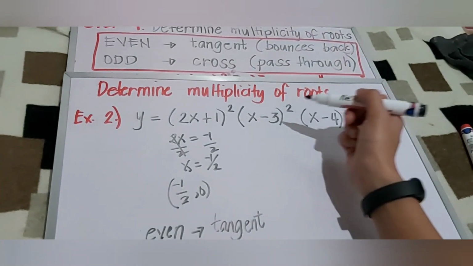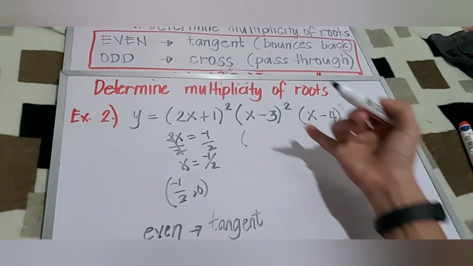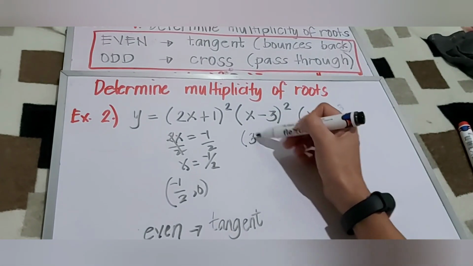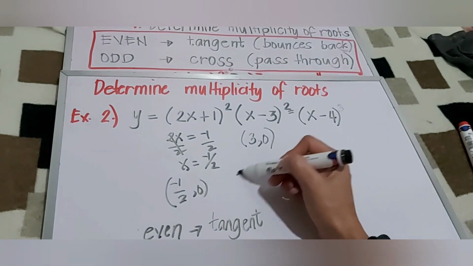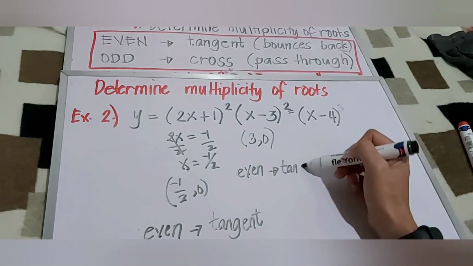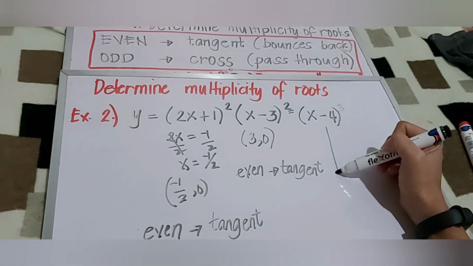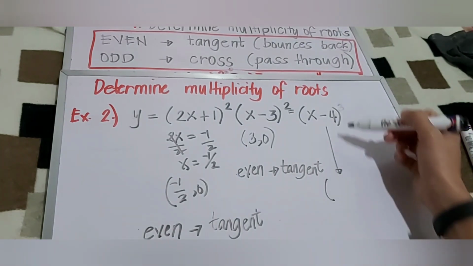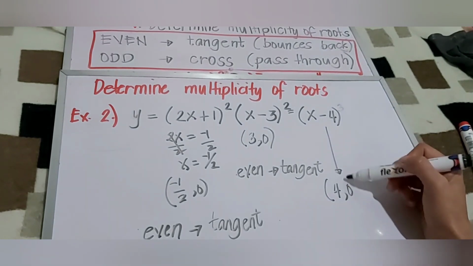Okay. For the other factor, we have x minus 3 squared. The root or x-intercept from that factor is 3 and 0. The exponent is 2, so again, it is even, and that will lead to a tangent. Now, for this one, the x-intercept from this factor is 4 and 0.